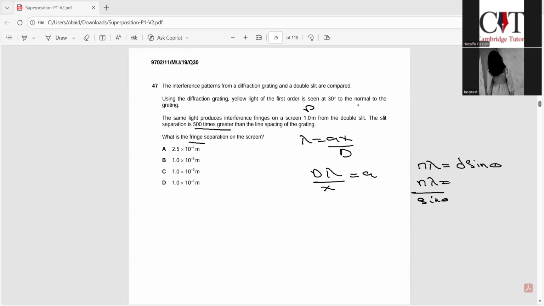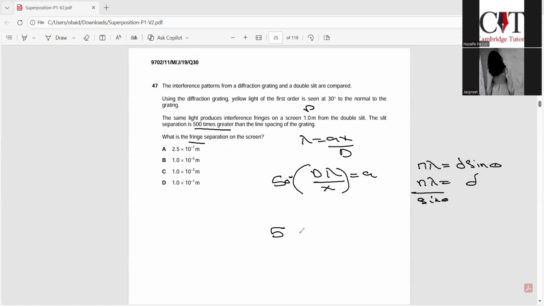Now tell me which one we will multiply by 500, d or a. The slit separation is 500 times greater than the line spacing, so the a will be multiplied by 500.